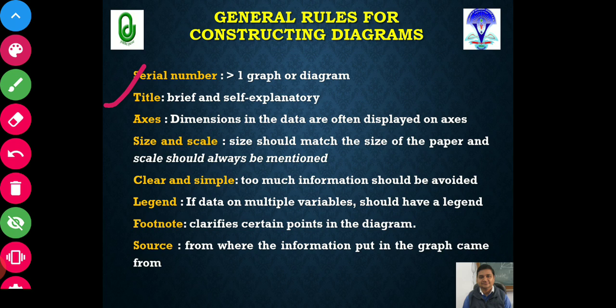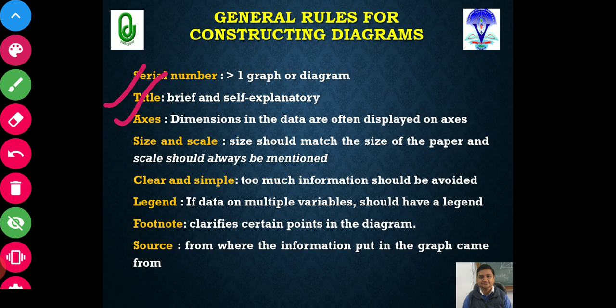Then the axis. We have already discussed that there should be axes. Dimensions in the data are often displayed on the axes. When you have two dimensions of the data, you have to present them on the x and y axes. Then size and scale. Size should match the size of the paper and scale should always be mentioned.